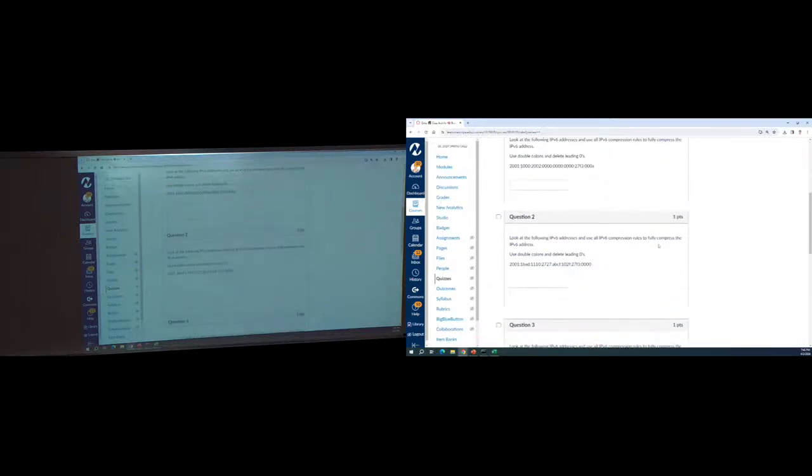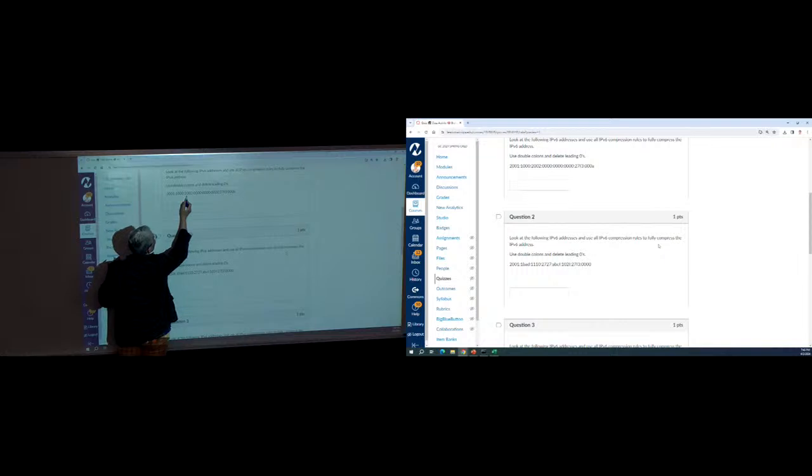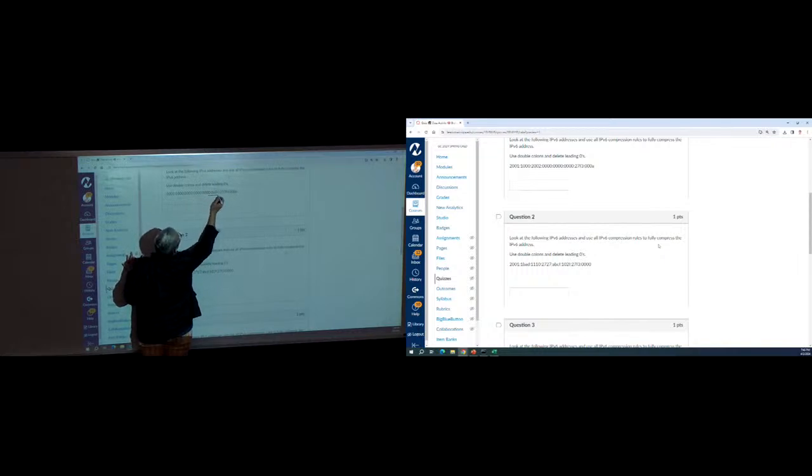Right, so let's take a look at this one. 2001, anything here? Anything here? Anything here? What about these? Right, I'm going to change, oh, look, there's 3 of them. So I'm going to get rid of these, and I'm going to do double colon. What about this one? What about this one? I'm going to get rid of the leading zeros.